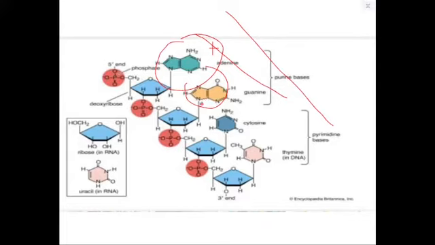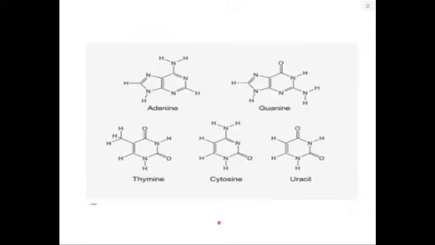The strands must be separated, and one of them will act as the template, either for protein synthesis or for DNA synthesis. It's important for us to know which base is which. Adenine has an amino group at position number 6.